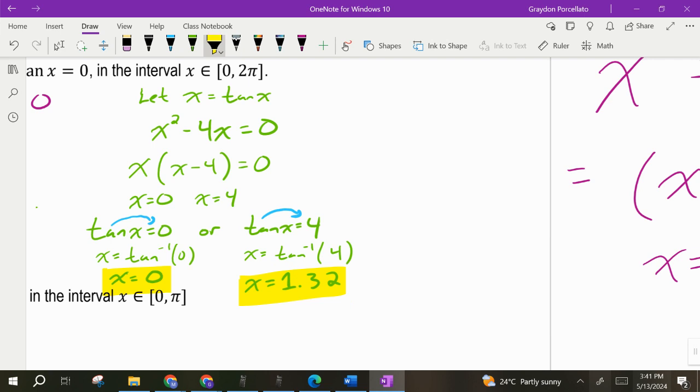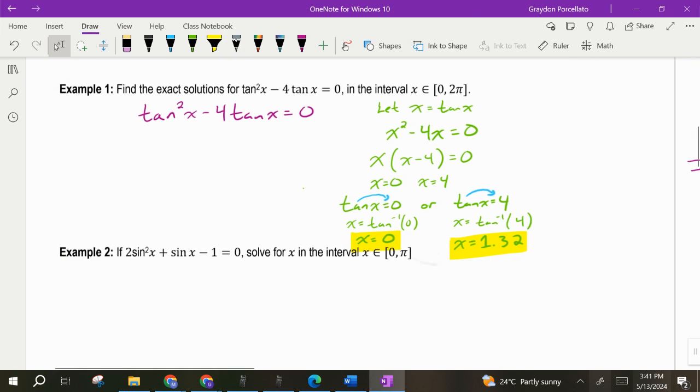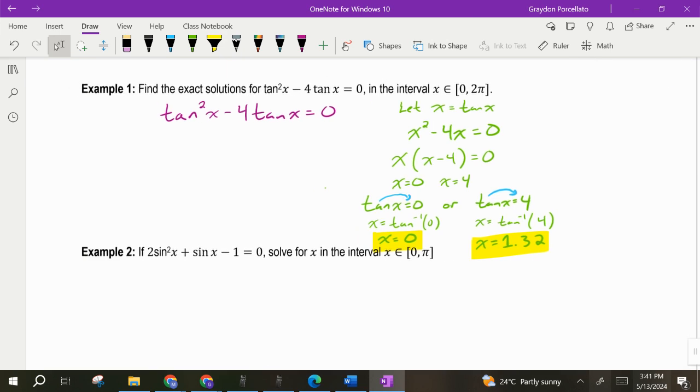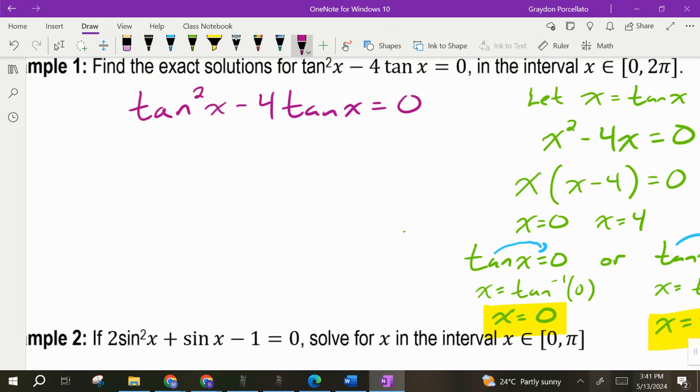Now, let's go back to here. Let's hold on to those two solutions for just a moment. What you can also do is just use this formula here. We could factor out tan. So we get tan x times (tan x minus 4) equals 0.